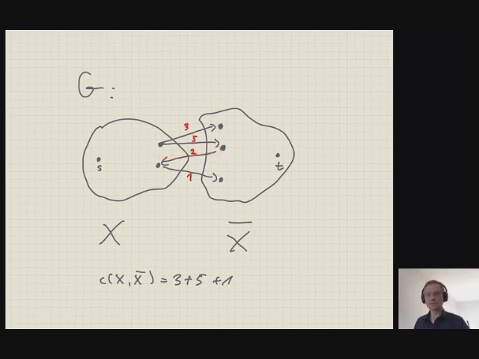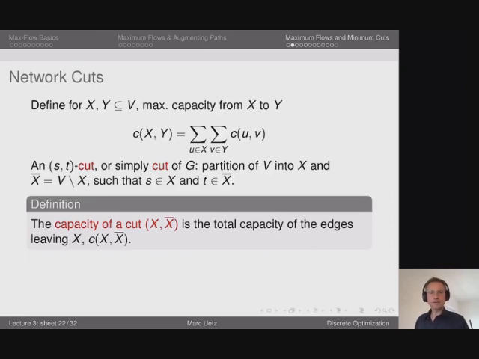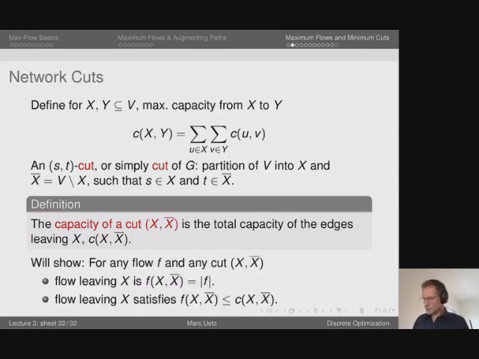of X. Now that is the capacity of a cut, and what we will show, and what is intuitively also clear, is two properties of cuts. So given an arbitrary flow in the network F and an arbitrary cut in the network, and remember a cut means that the source vertex sits in X and the target vertex sits in the complement of X, then the flow that is actually leaving the left-hand side X is also equal to the value of the flow, right?